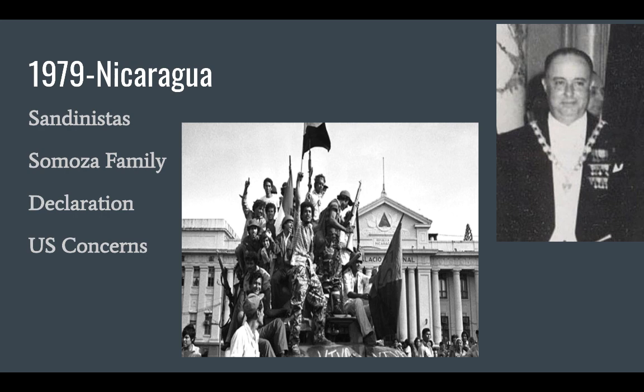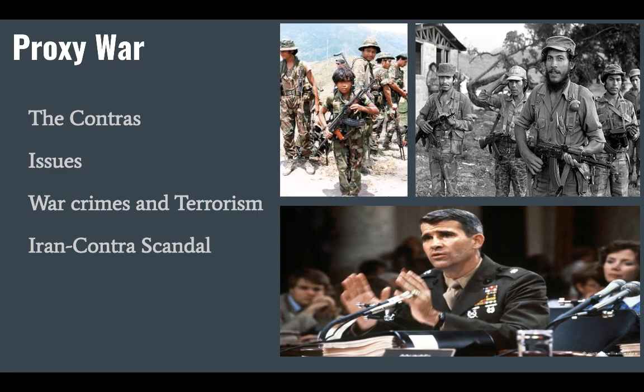The U.S., of course, does not like that, and so they are going to look to find a group that can potentially overthrow the Sandinistas, because we do not want any communist governments, or communist nations, in the Western Hemisphere. The group that we find are the Contras.